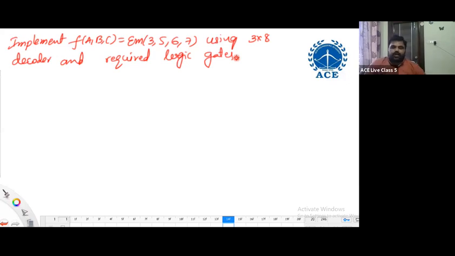Implement f of a, b, c equals sigma m of 3, 5, 6, 7 using a 3 to 8 decoder and required logic gates.